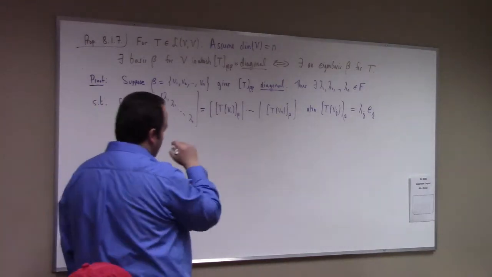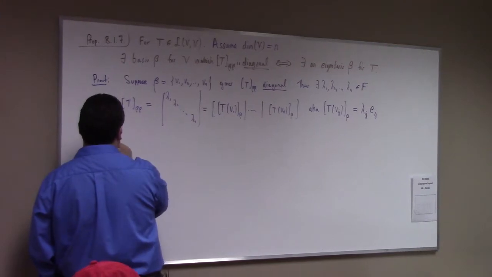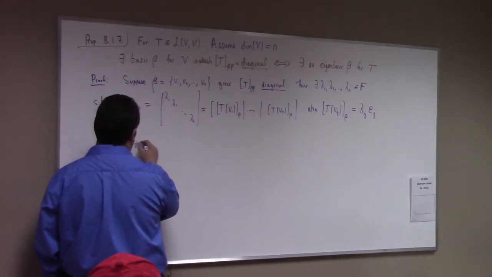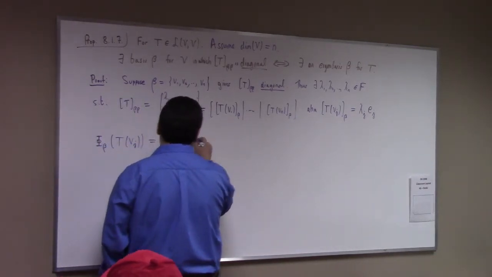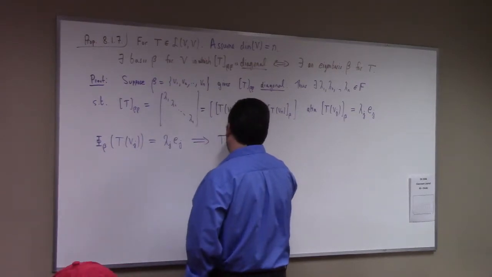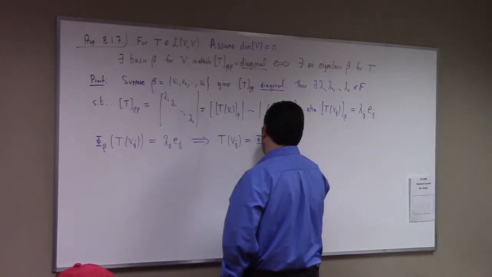But what does that mean? So we have the phi beta coordinate map, right? Acting on T of vj is equal to lambda j ej. So just act by phi beta inverse. This says that T vj is phi beta inverse of that. How does phi beta inverse work?